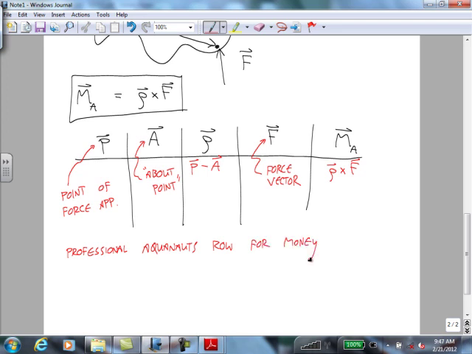Okay, so that's just to remember the order of these things. So this is the Greek letter rho, you know. So all these mnemonic devices have rho in them. Here's another one. Princeton athletes, rho for mommy.